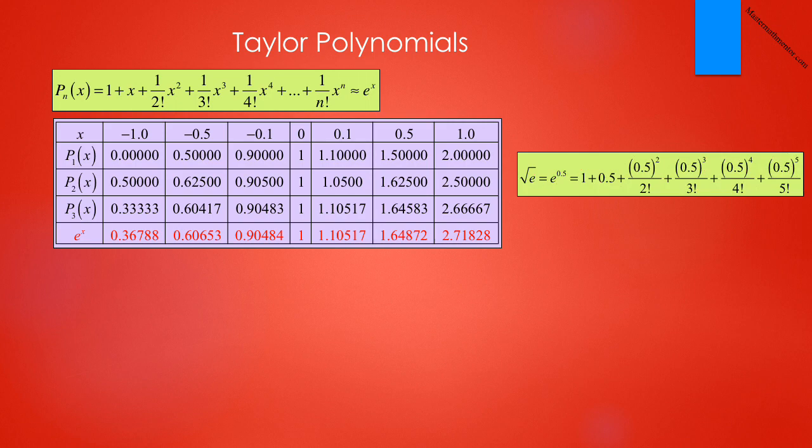So if we wanted to calculate the square root of e, which is e to the 0.5, the calculator does not raise e to the 0.5 power. It takes 1 plus 0.5 plus 0.5 squared over 2 factorial plus 0.5 cubed over 3 factorial plus 0.5 to the fourth over 4 factorial plus 0.5 to the fifth over 5 factorial.